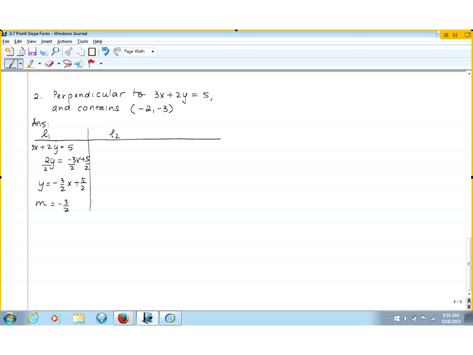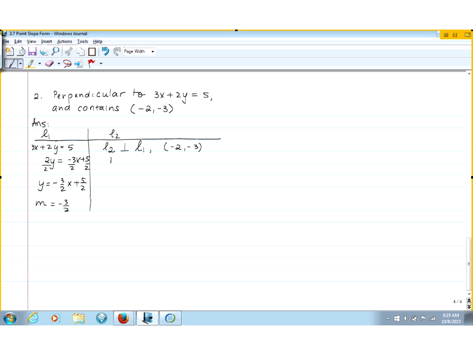Now, L2. What do we know about L2? L2 is perpendicular to L1. So do they have the same slopes? No, they don't. And L2 passes through negative 2, comma, negative 3. Now, L2 is perpendicular to L1.